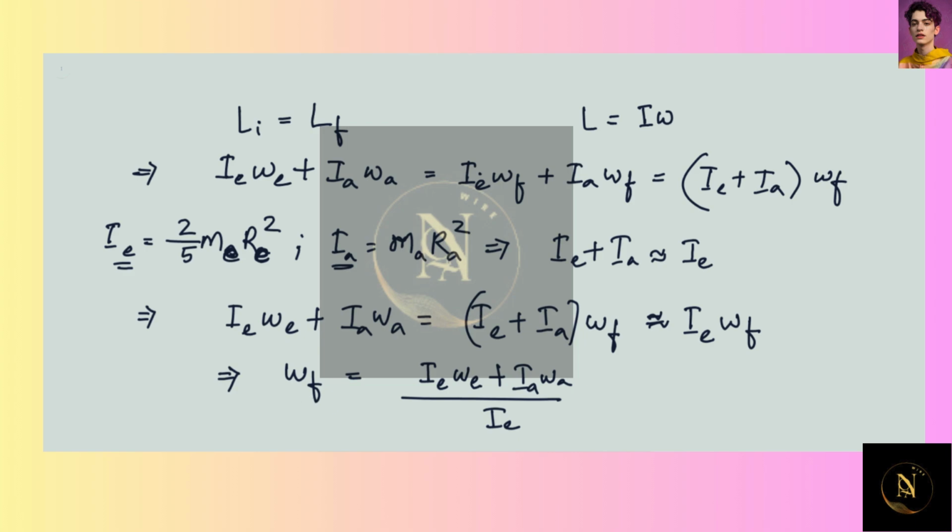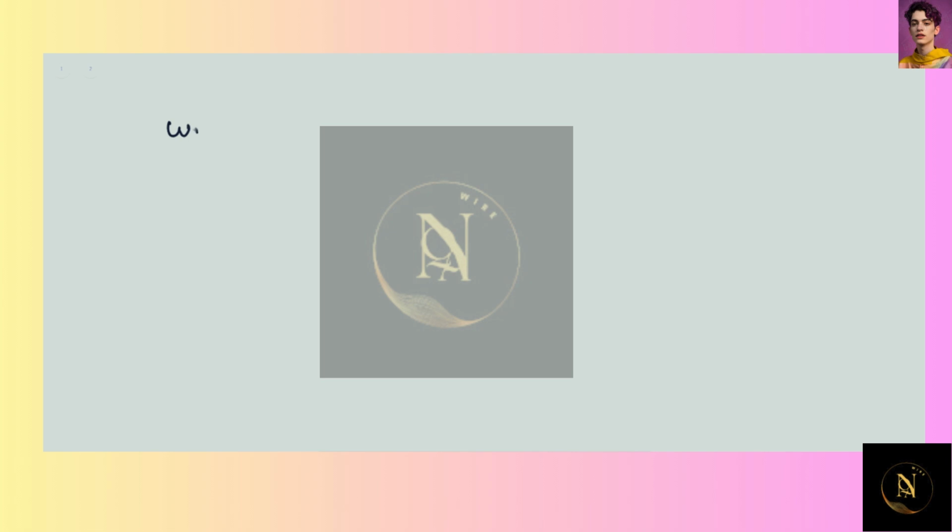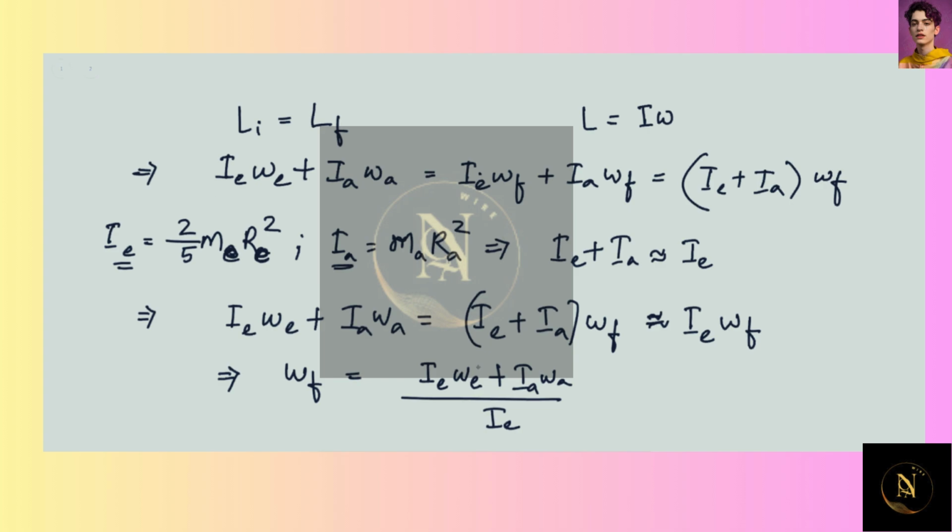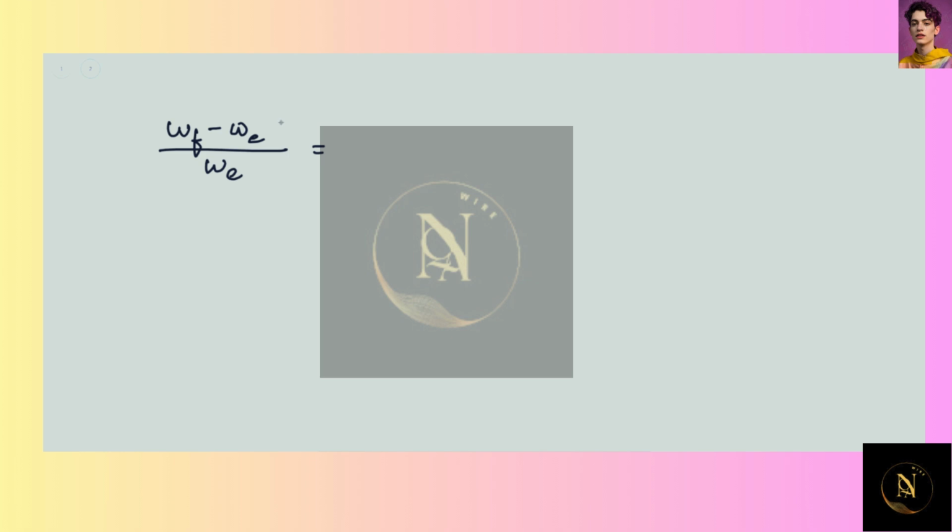For that, we need omega F minus the initial velocity of Earth, omega E, over omega E. So this is the fractional change. And if we substitute this value of omega F, we get the fractional change to be equal to IA over IE times omega A over omega E.